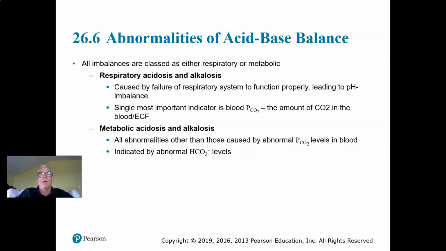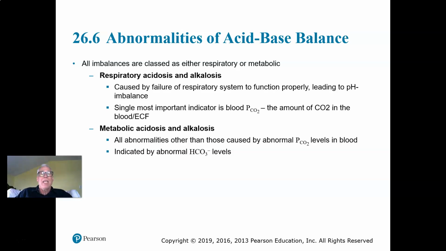All right, lastly, our last section is just a quick look at abnormalities, imbalances of pH or acid-base. There's 2 definitions or terms used to describe imbalances of this sort. If the imbalance is caused by some malfunction of the respiratory system, it's going to be called a respiratory acidosis or alkalosis, depending on which way the pH is going.